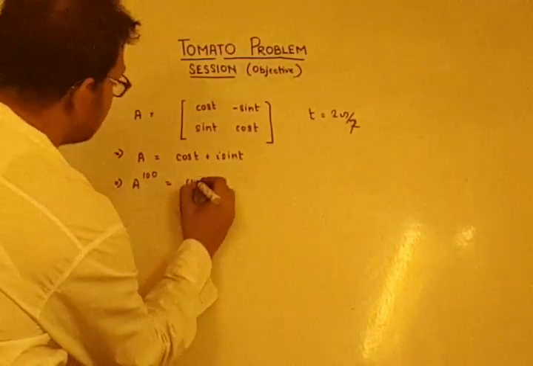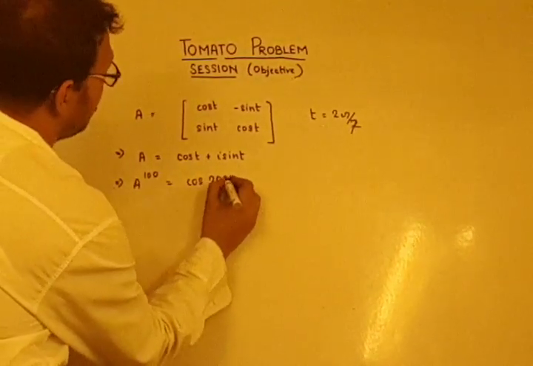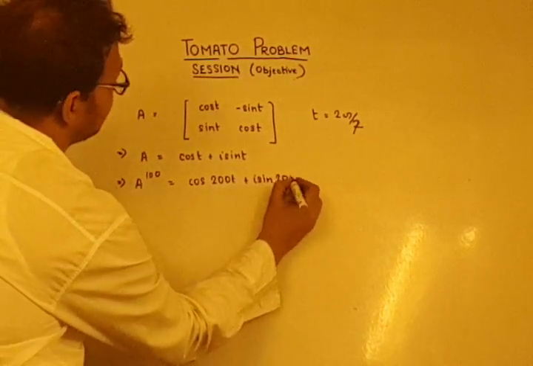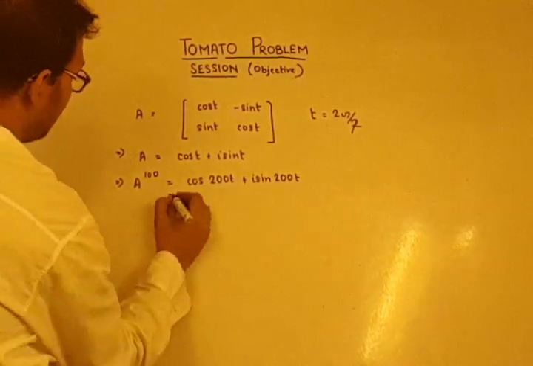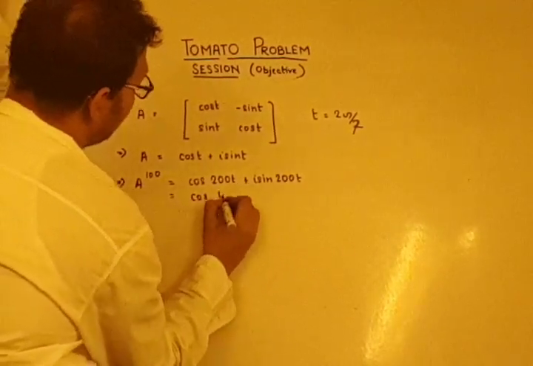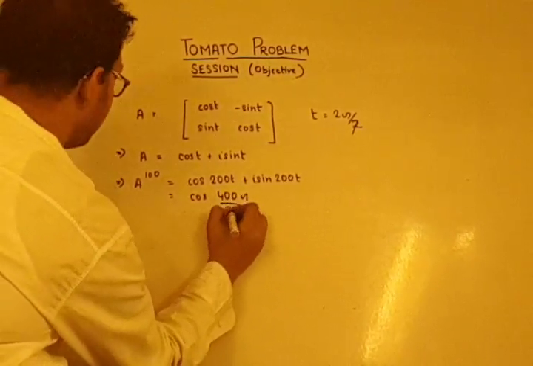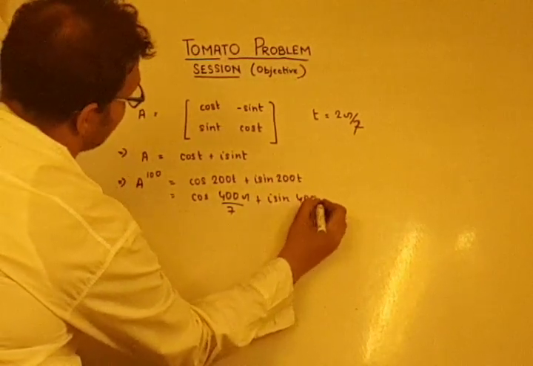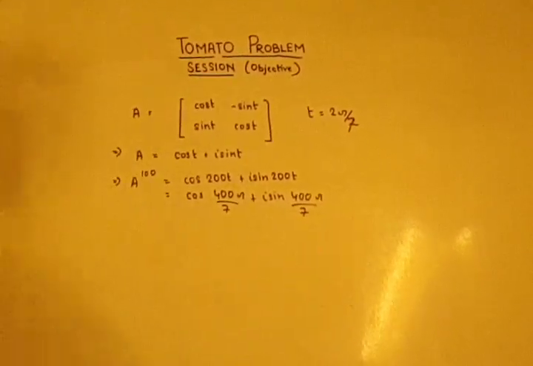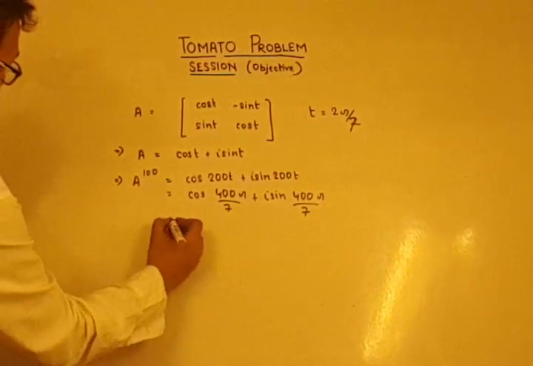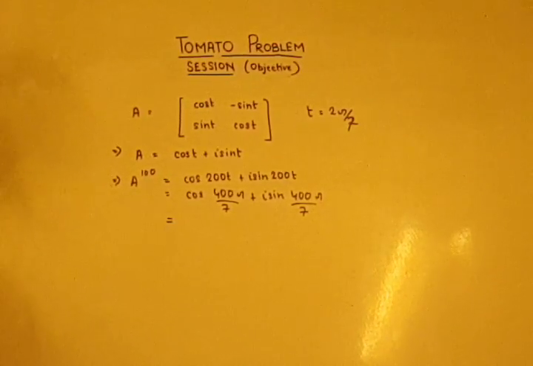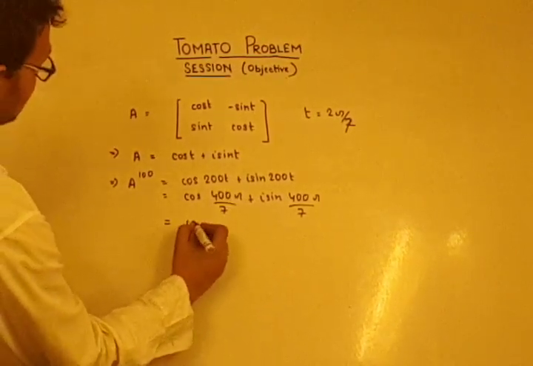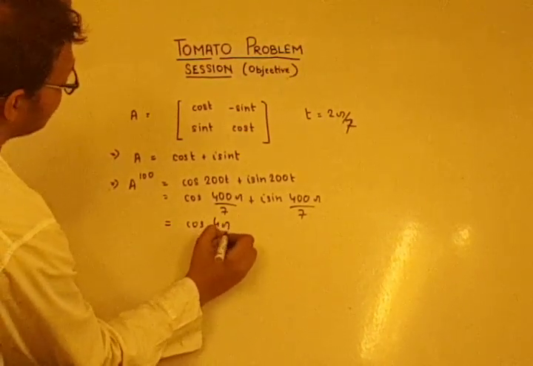By De Moivre's theorem, it is cos 200t plus i sin 200t, where t is 2 pi by 7. So cos of 400 pi by 7 plus i sin 400 pi by 7, which by De Moivre's theorem is equal to cos of 4 pi by 7.